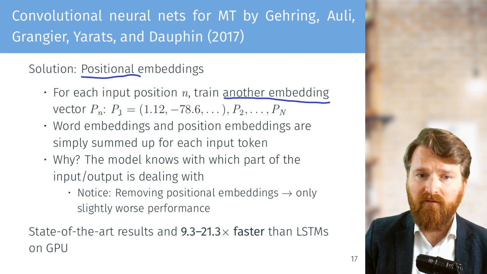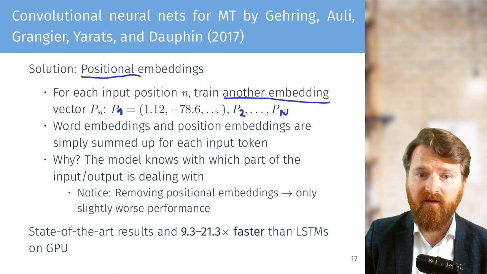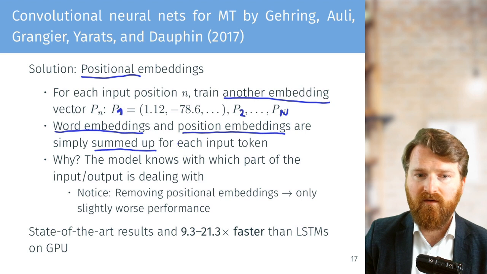For example, for the first token, position 1, for position 2, up to position n. These are initialized randomly, for example. So this is a random vector for token 1, token 2, and up to token n. And the word embeddings and the position embeddings are just summed up for each input token.